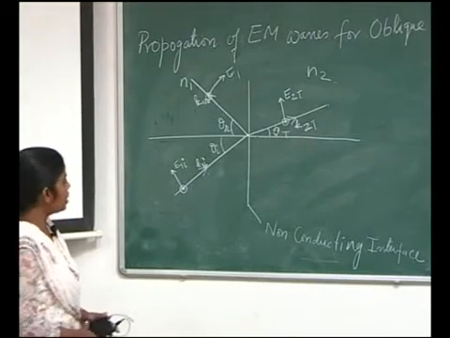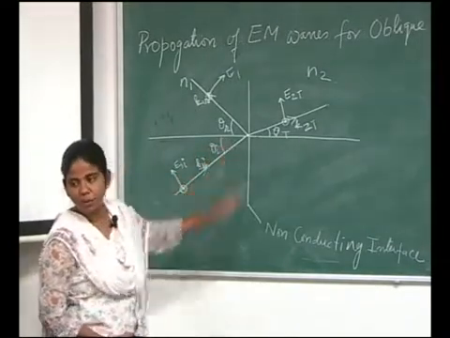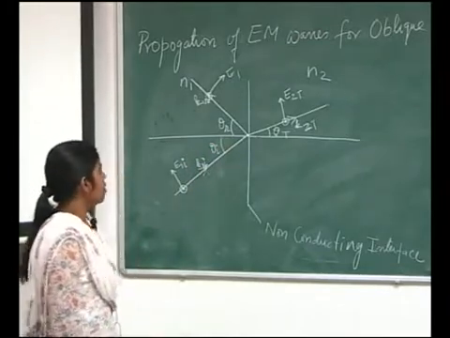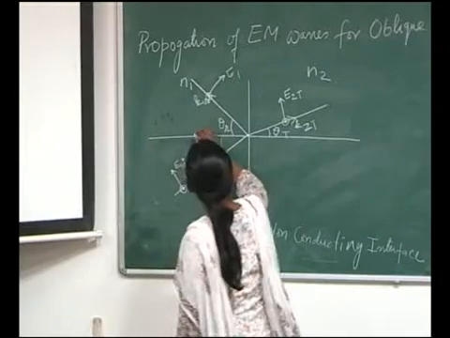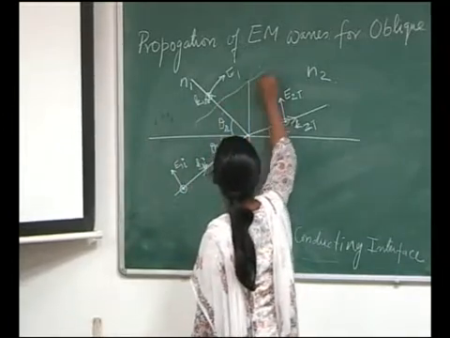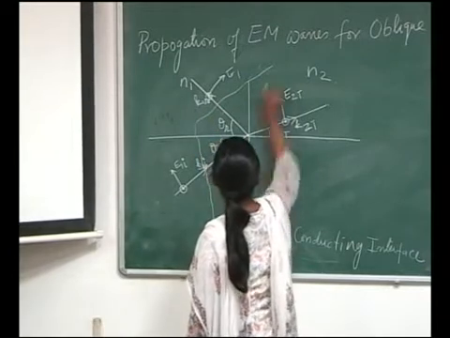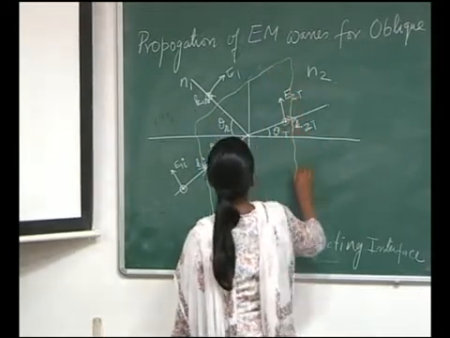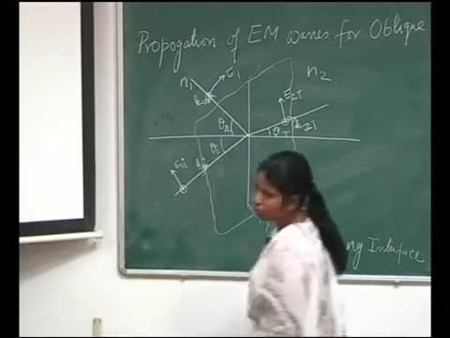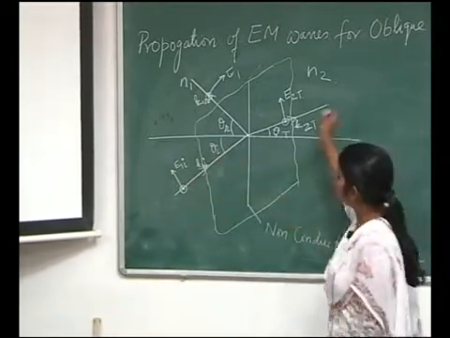Oblique incidence means the wave is incident at some angle with the interface. If you assume that this plane is extended like this, the light is incident on it and it is transmitted.